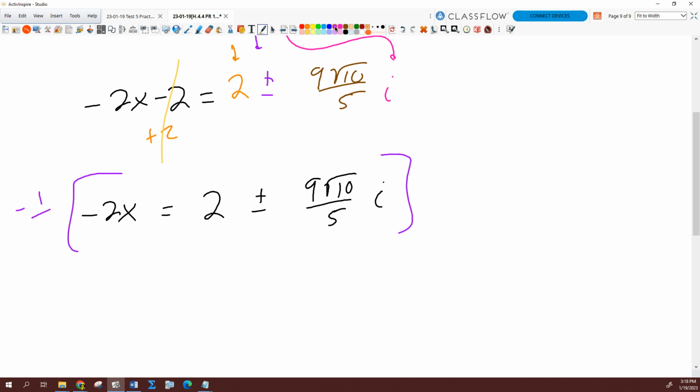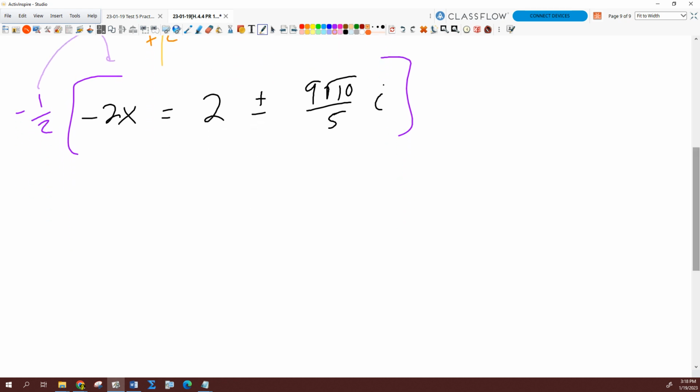by negative 1/2. When we distribute that, negative 1/2 times negative 2x gives us x. That's the whole point, right? So we get an x. When we distribute to here, negative 1/2 times 2 equals negative 1. When we distribute to here, if I multiply a negative times a plus or minus, how do I treat that?